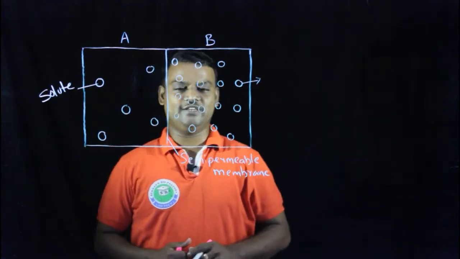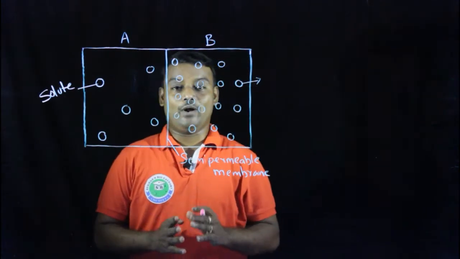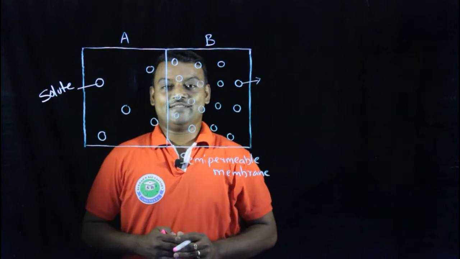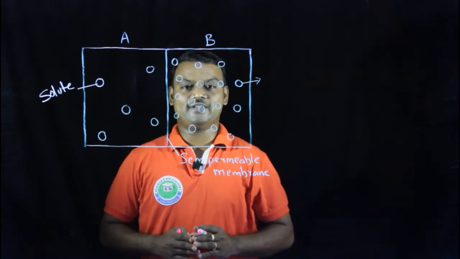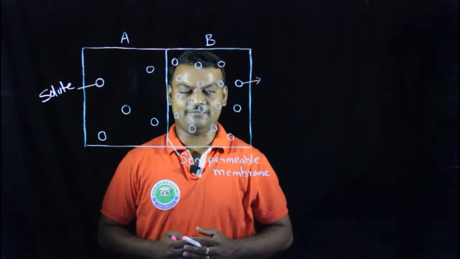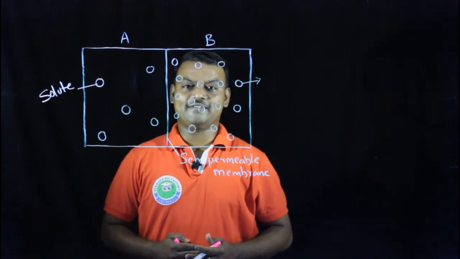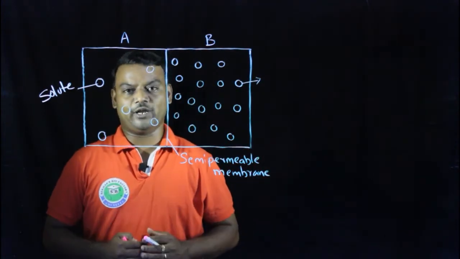it creates one driving force, because in chamber A, fewer solute particles are present with more water potential. In chamber B, more solute particles are present with less water potential.